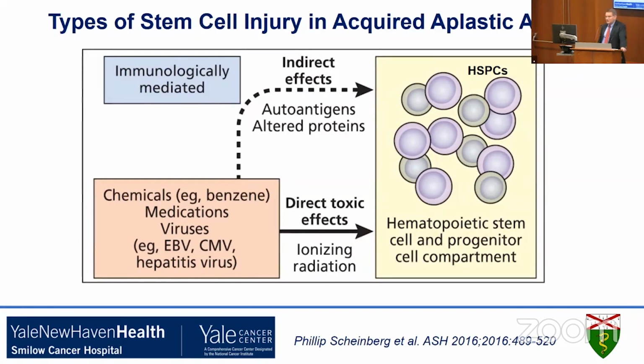And whatever offending agent triggers the immune system, it can do it directly by affecting the immune system, but also through a direct suppressive effect on the bone marrow hematopoietic stem cells, as you can see here. So the drug can directly suppress the function of the hematopoietic stem cell or trigger the immune system to attack that cell, leading to the same result, basically aplasia in the marrow and decreased blood counts and pancytopenia.